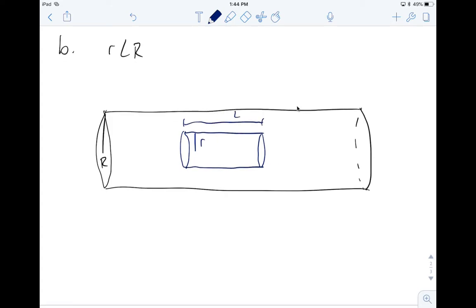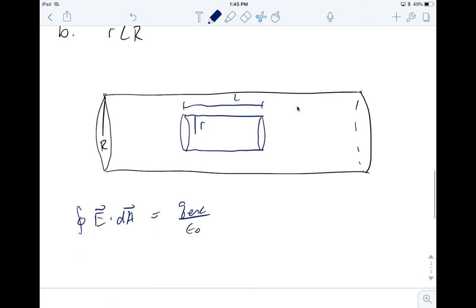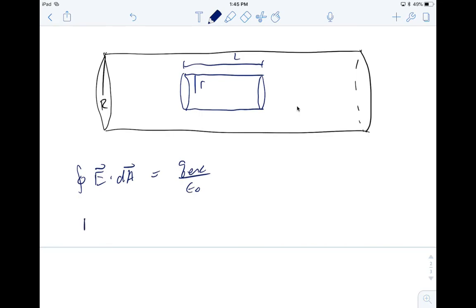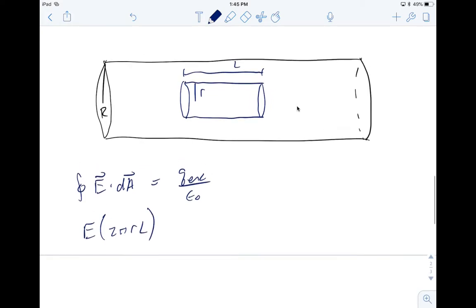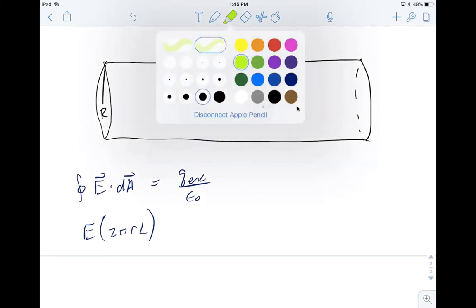We're going to apply Gauss's law to that. So the closed integral of E dot dA equals Q enclosed divided by epsilon naught. The left side will look exactly the same, E times 2 pi r L. Dealing with the right side, how much charge do we want to count?